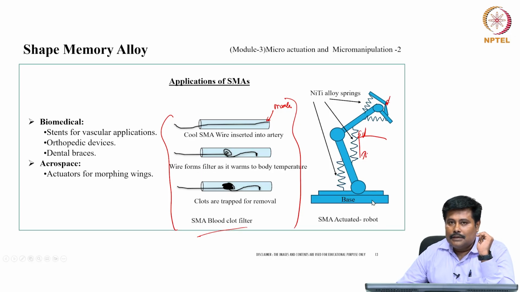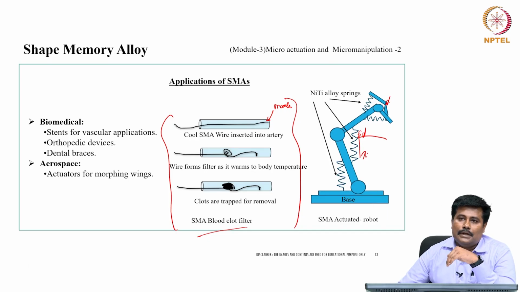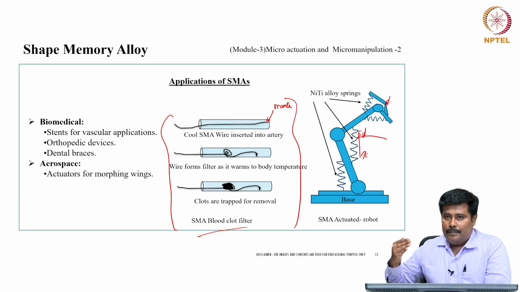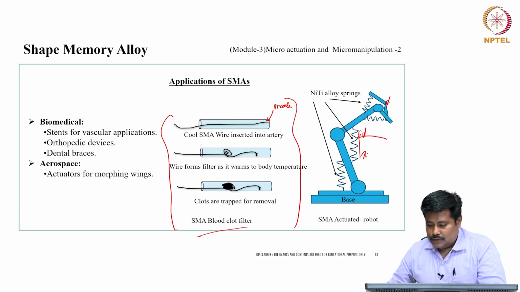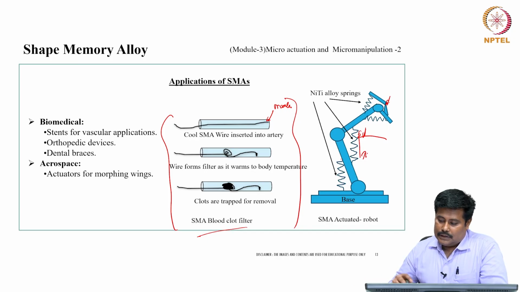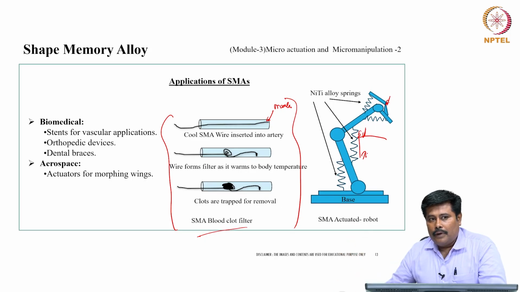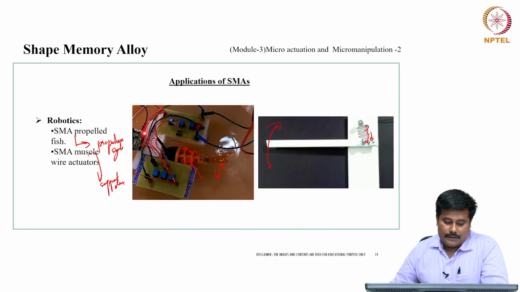And this is an SMA actuated robot, where there is a base with nickel titanium based springs deployed into it. By actuating it at different conditions, we can see an actuation which persists over here, and these actuations are capable enough to be used for holding or manipulating structures for different applications.